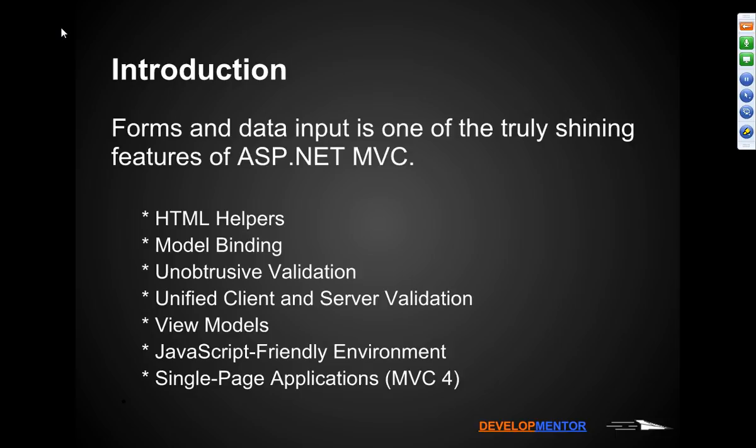If you look at the various .NET web platforms, you've got regular ASP.NET, which these days is typically called ASP.NET Web Forms or Classic ASP.NET, and we've got MVC, and then you've got other things you can do with HTTP handlers and whatnot. In MVC, one of the really shining points, the really powerful things they got right, is how you build input forms and how you bind that back to your models.